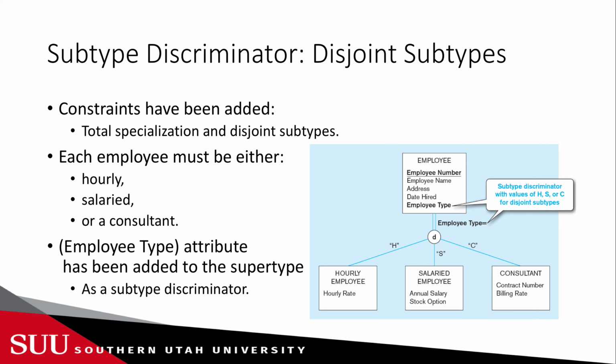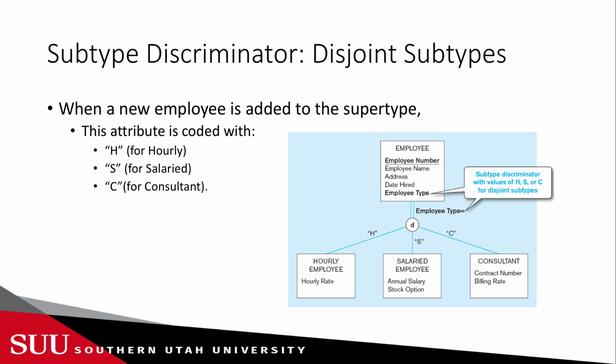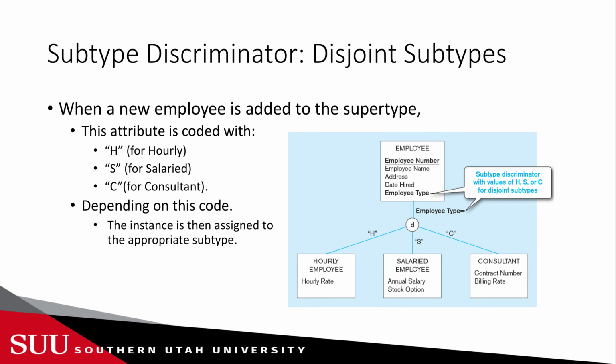And how will we use this? Every time we insert a new employee record, we will code this employee type attribute as follows: the letter H for hourly, the letter S for salaried, and the letter C for consultant. Depending on this code, the instance is then inserted into the appropriate subtype.